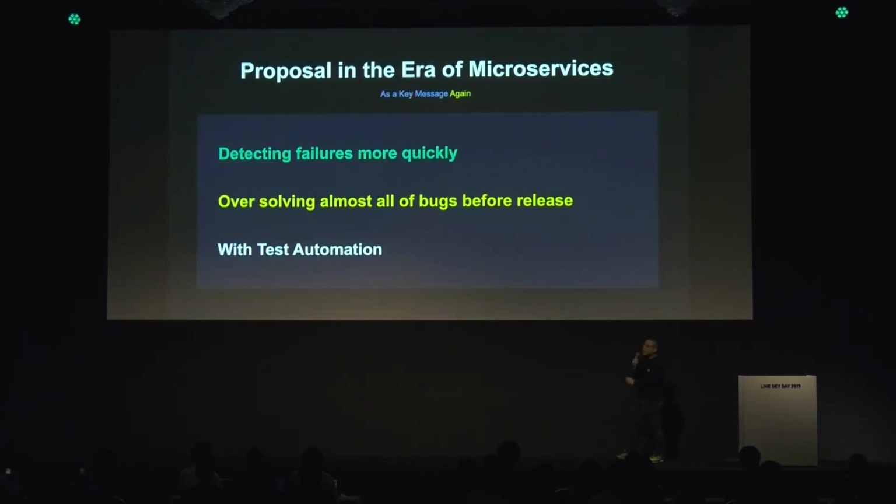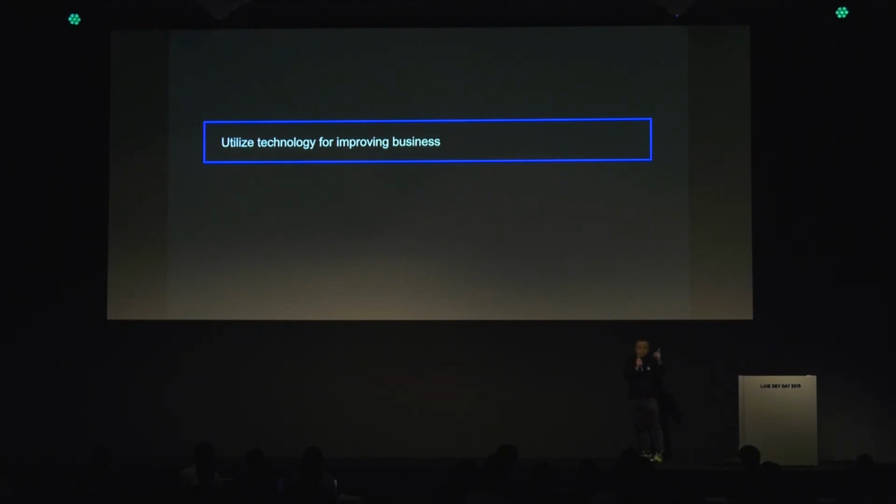So let me summarize what I have talked about. This is a recap. We want to detect failures more quickly by solving almost all of the bugs before release. That's done with test automation. Based on what I talked about, let me break this down further. There are three things that I can say.